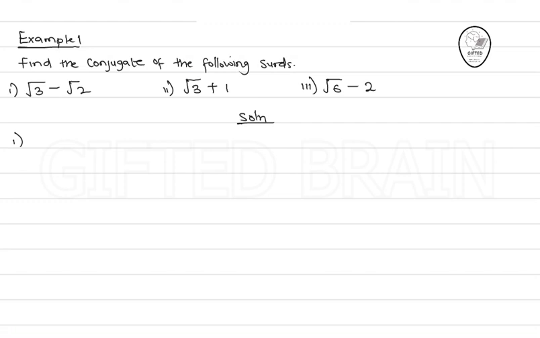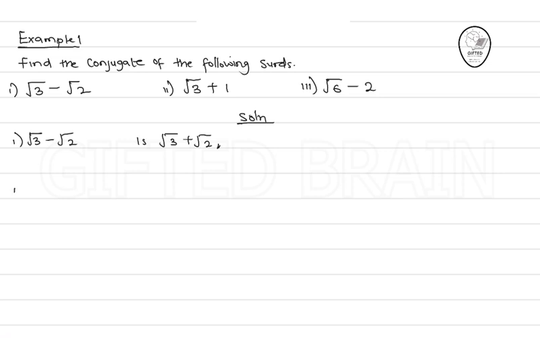Let's take an example now. Example 1 says find the conjugate of the following surds. Root 3 minus root 2: quite easily done, the conjugate is root 3 plus root 2. You can try multiplying these two numbers.